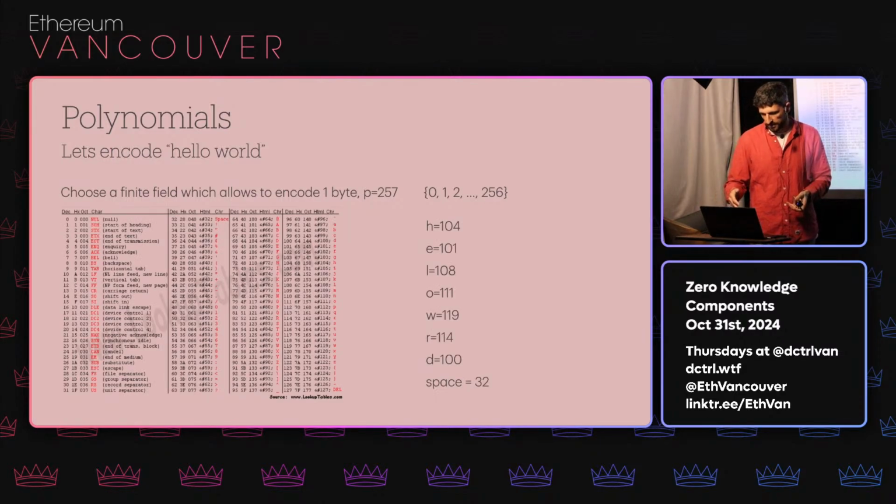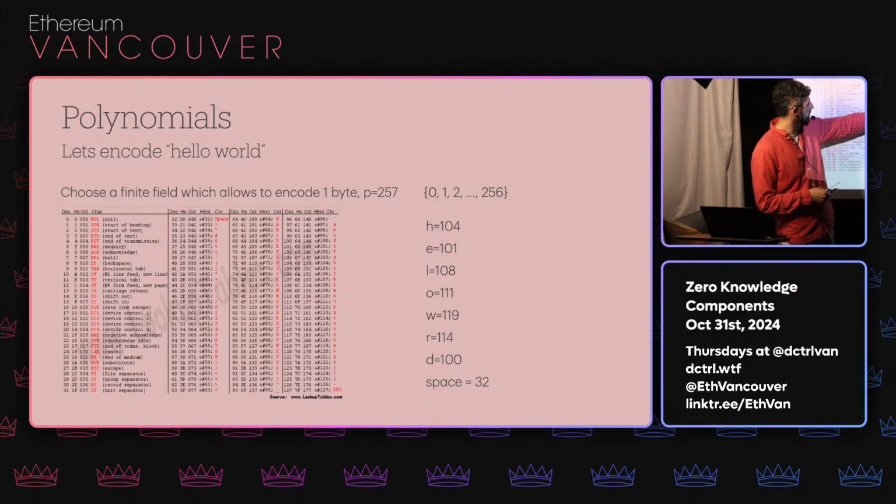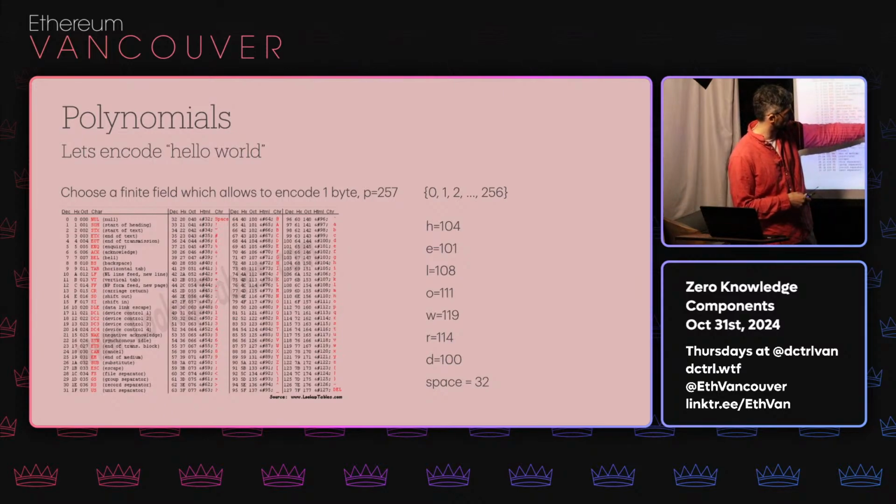After this, we can go directly to ASCII table and find ASCII codes for each letter. So we have ASCII code for letter H, E, L, and remaining parts. And after this, when we have these numbers, we can actually construct a polynomial. So for that, we would need to use something which is called Lagrange interpolation method.